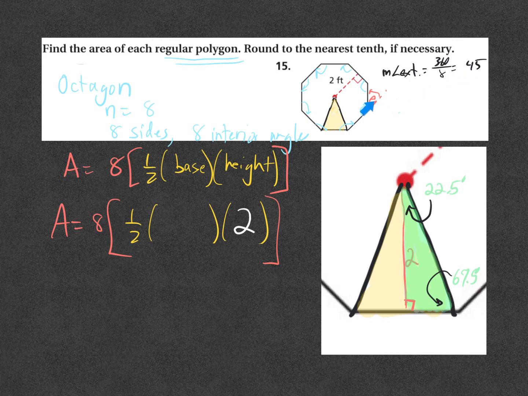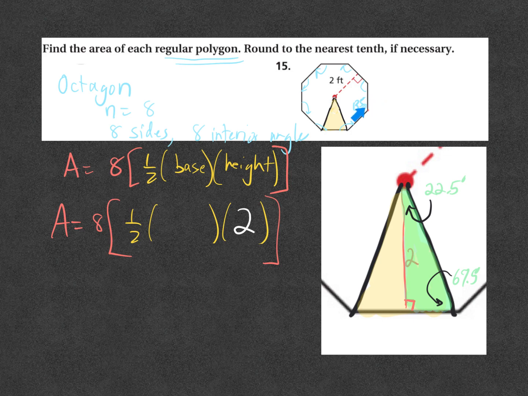So this is a 45-degree angle on the outside. And if that's 45, then the interior is 180 minus 45, which is 135 degrees. So if every interior angle is 135, then to cut that in half right here, 135 divided by 2 is 67.5.